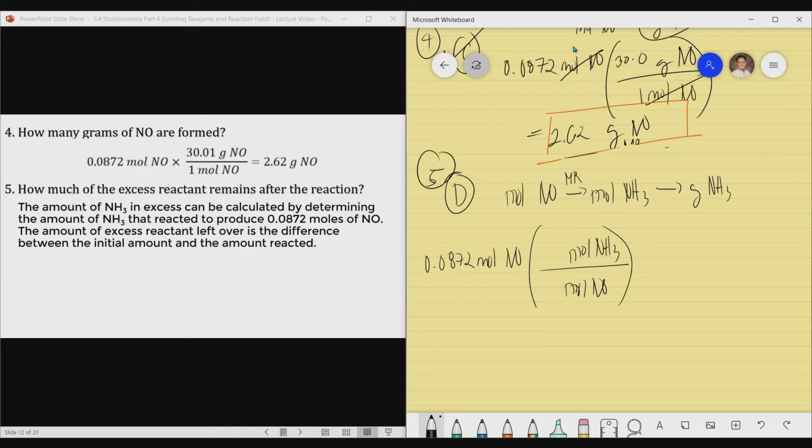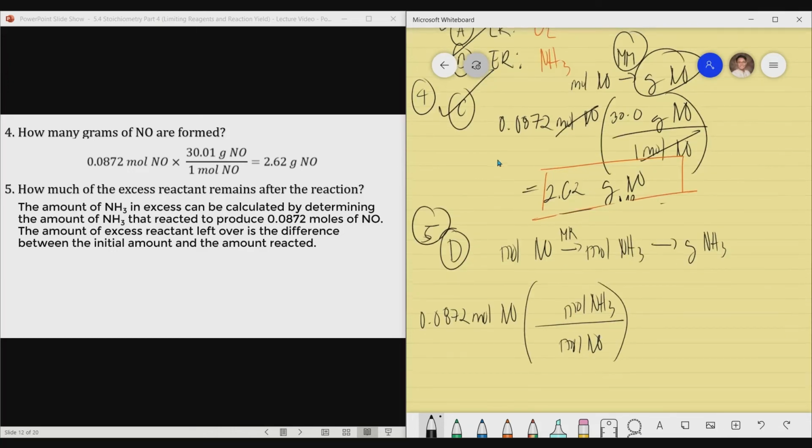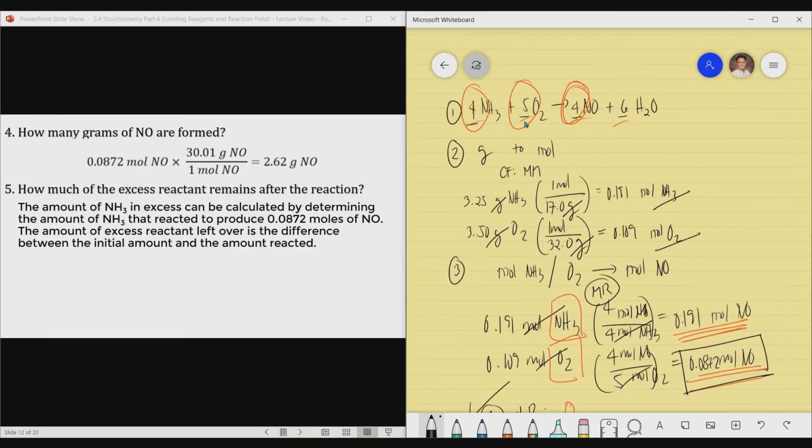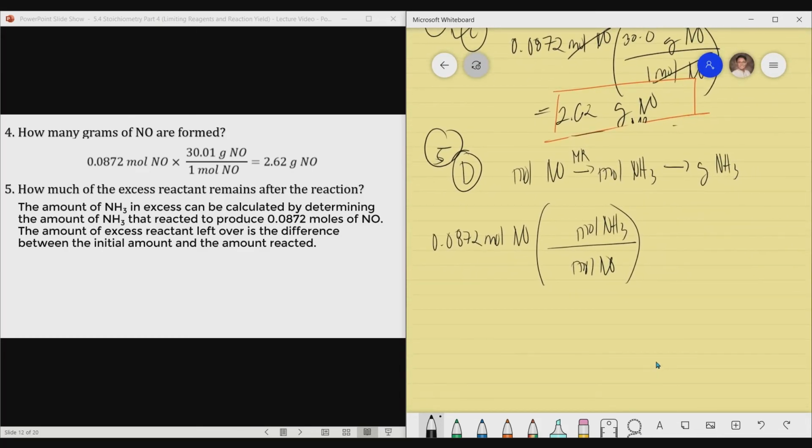So again, titingin tayo sa balanced chemical equation for numerical coefficient of NO and NH3. So for NO, we have here 4. For NH3, we also have 4. So I'll be writing here 4 all over 4. So mole NO will be cancelled. We have moles of NH3.